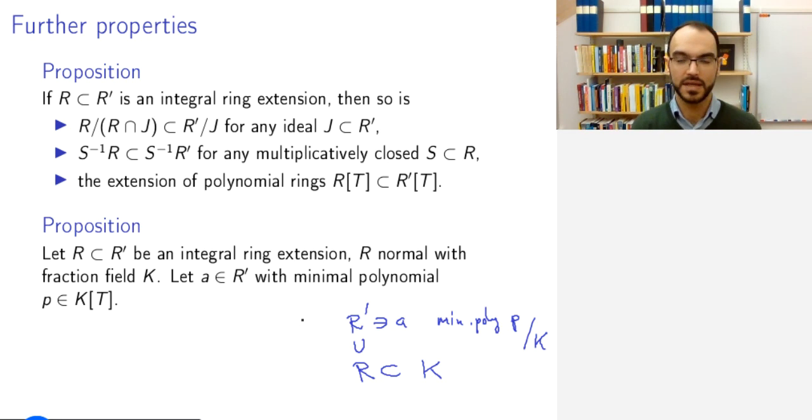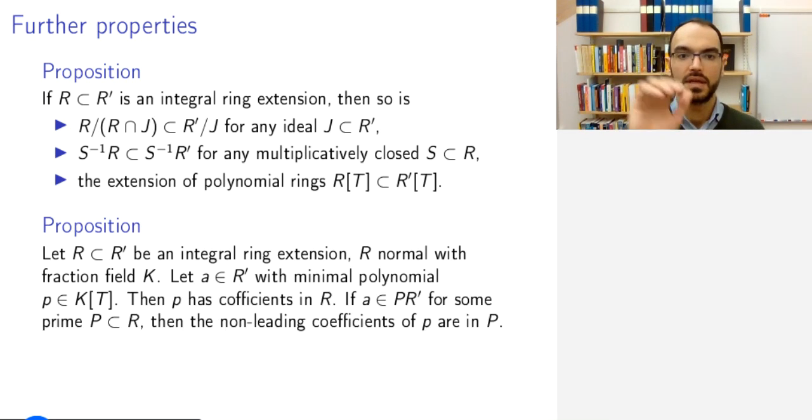And the claim is that this minimal polynomial has coefficients not only in K, but in fact in R.